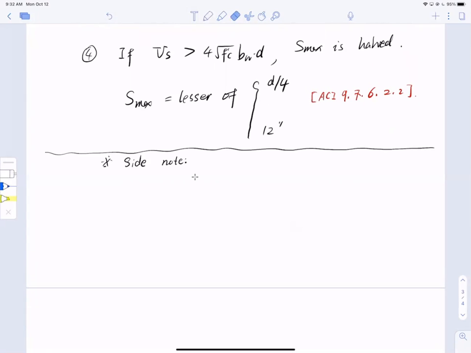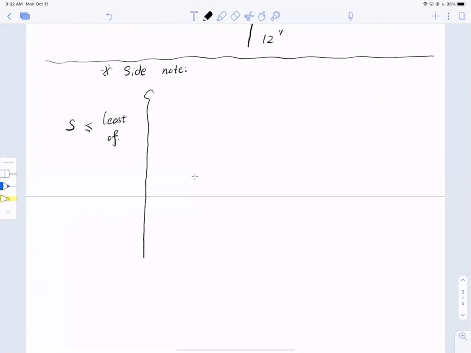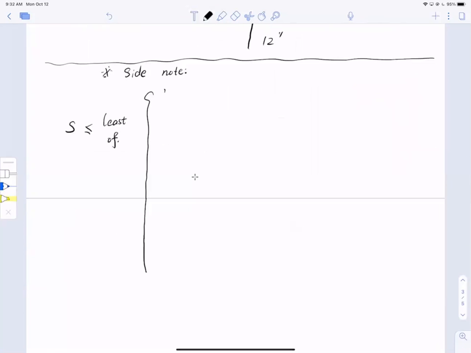I will continue, but anyway, the side note is, so far, essentially S has to be smaller or equal than the least of all these. So first, the least of the S required, the calculated one.